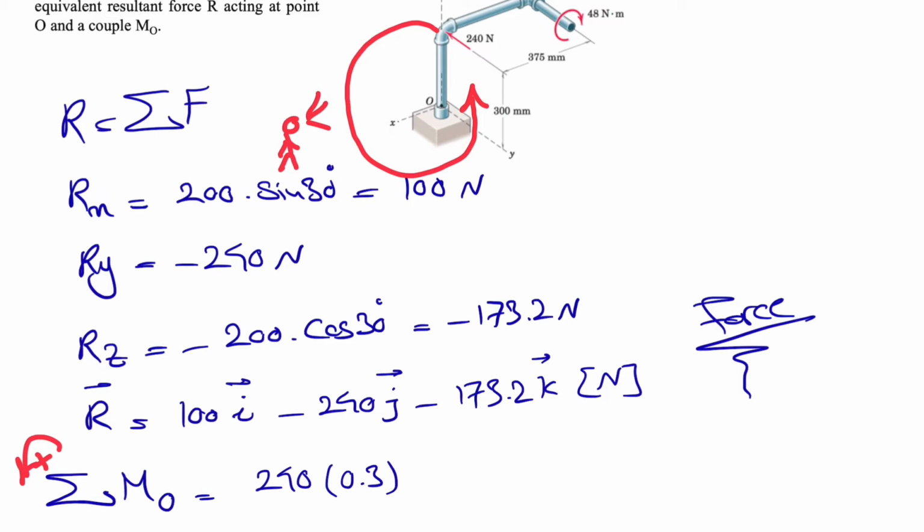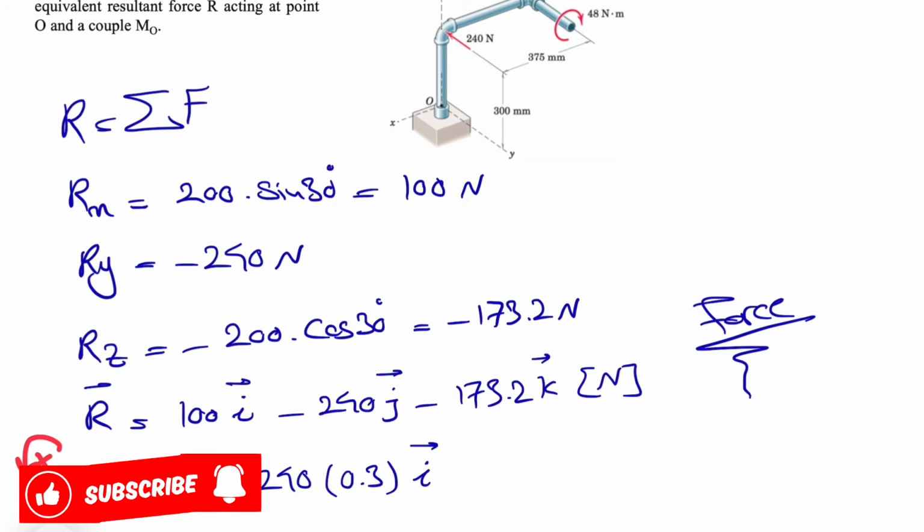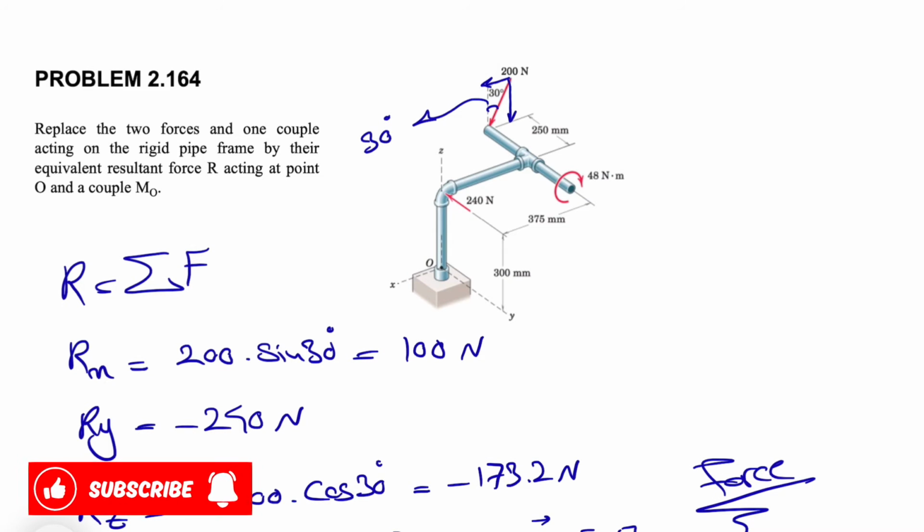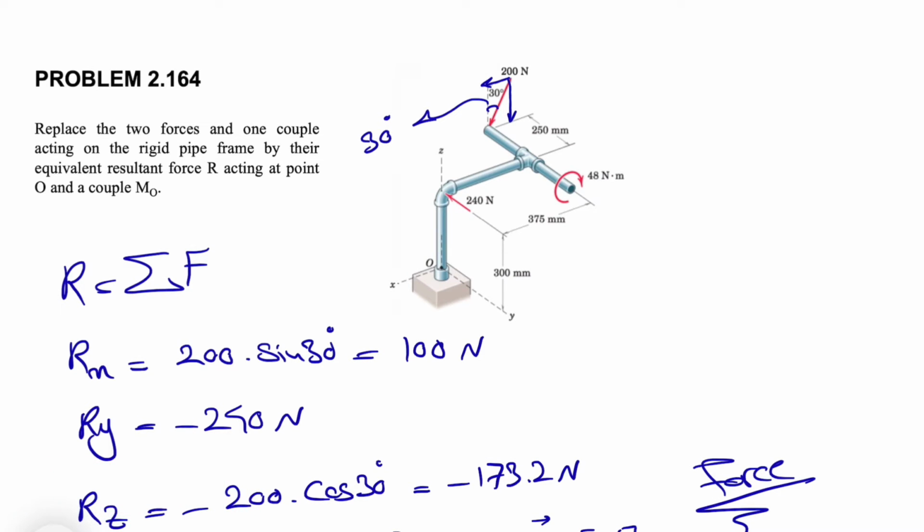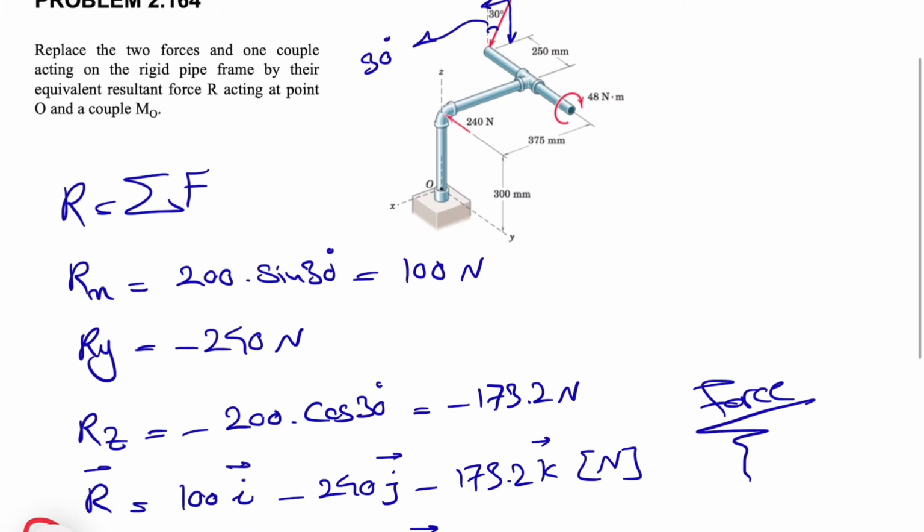F is 240, and the distance would be 300 millimeter or 0.3 meter. As I mentioned, this will be the moment about x-axis, so it only has i. That's pretty much everything for the 240 Newton. There is no other moment for this force.